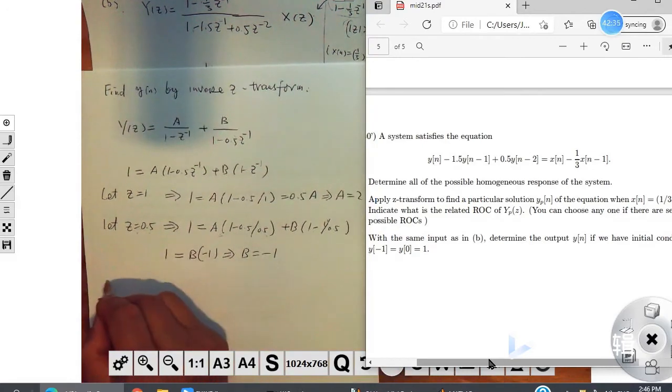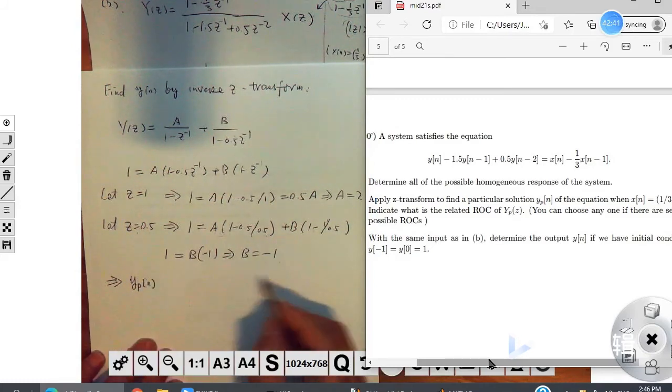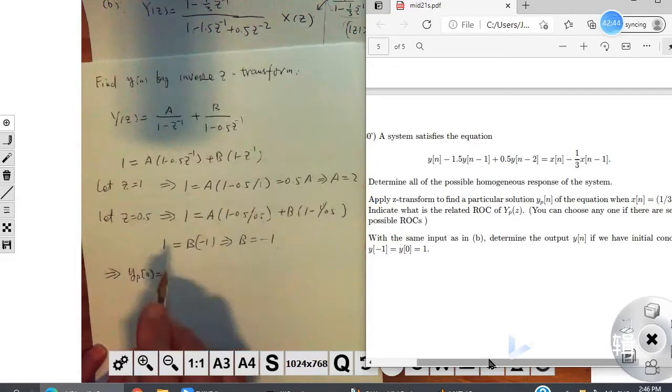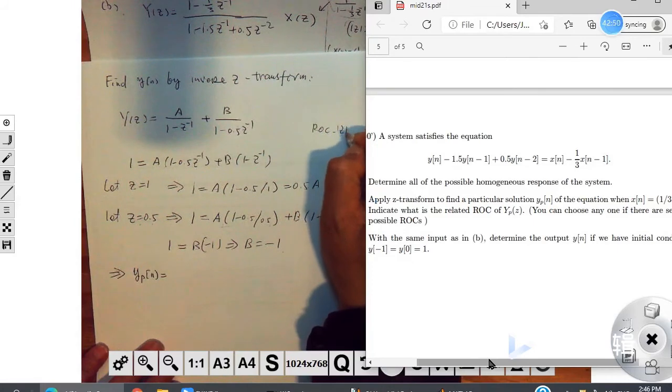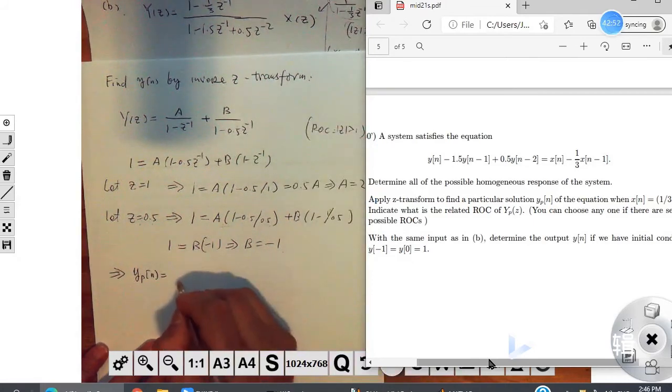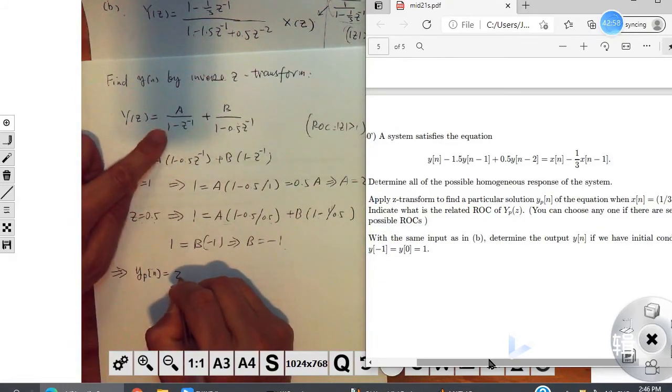Okay, now we have the y particular of n. If you do the inverse from here and you choose RC larger than 1, then we have A is 2, times this one in time domain will be just u of n.